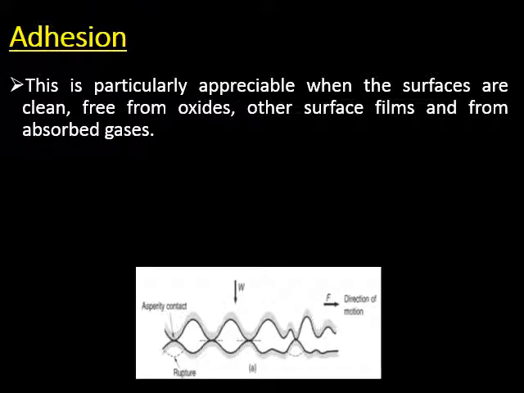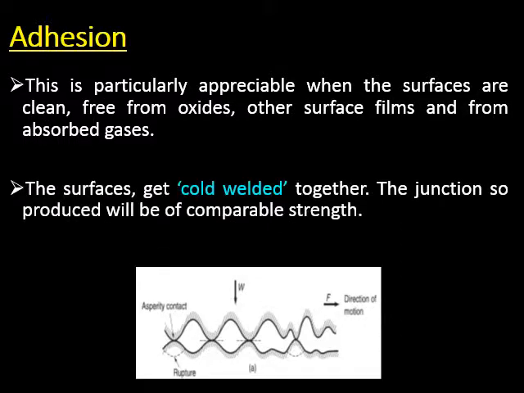and the surfaces are very clean, without any chemical films, oxides and any gases. So this type of adhesion will be higher in such conditions, and especially when they are subjected to vacuum conditions, again the adhesion will be higher.